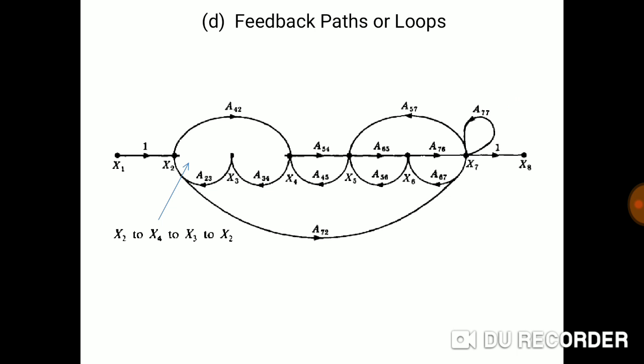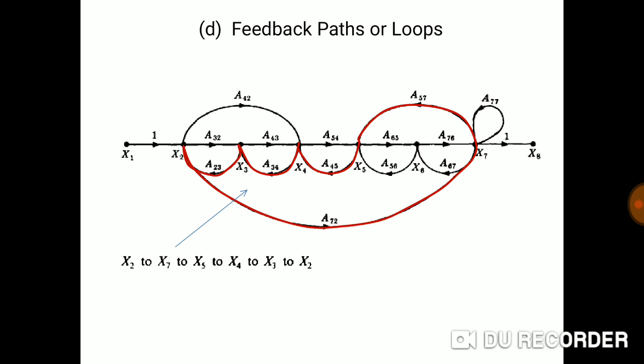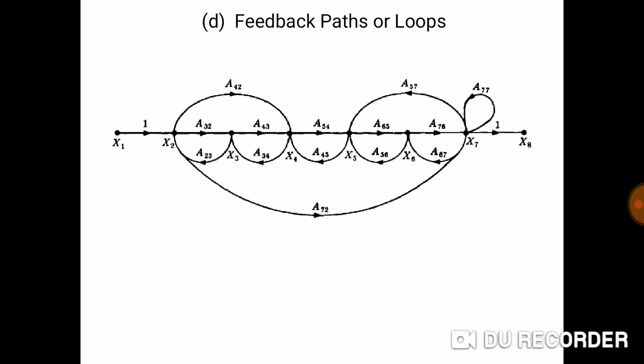Next one is X2, X4, X3, again X2. Next X5, X6, X7, X5. Another loop, X2, X7, X5, X4, X1, X2. Another feedback path or loop, X2, X7, X6, X5, X4, X3, X2.